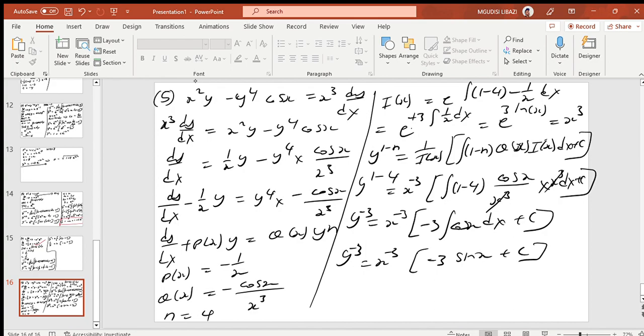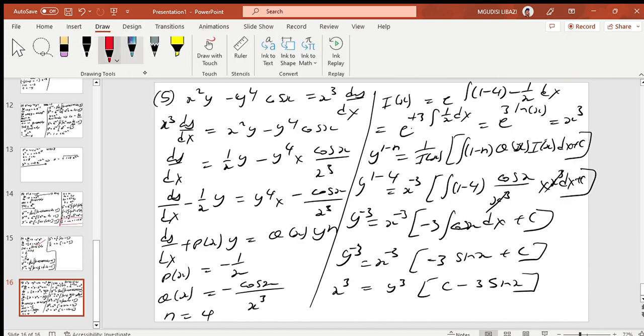Or we can put this as x raised to 3 is equal to y raised to 3 into c minus 3 sine of x, and that's our solution there.